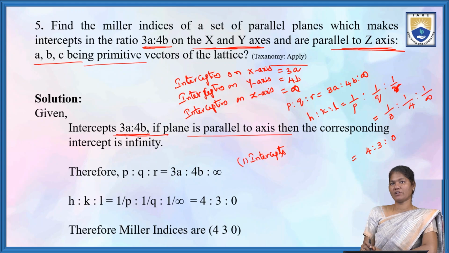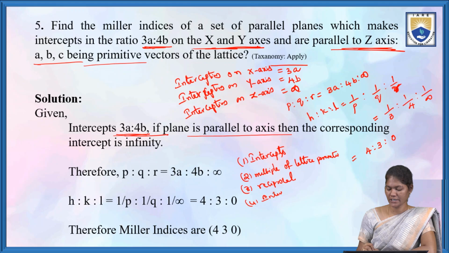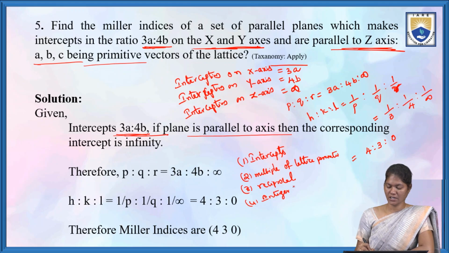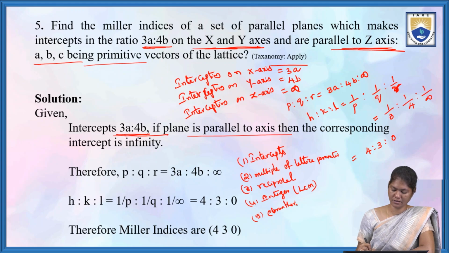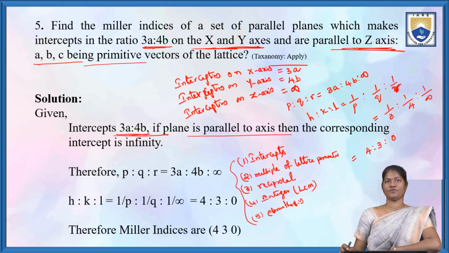Take the intercepts as multiples of the lattice parameters, then take the reciprocal, then convert it into integers by taking the LCM, then put it in parentheses.